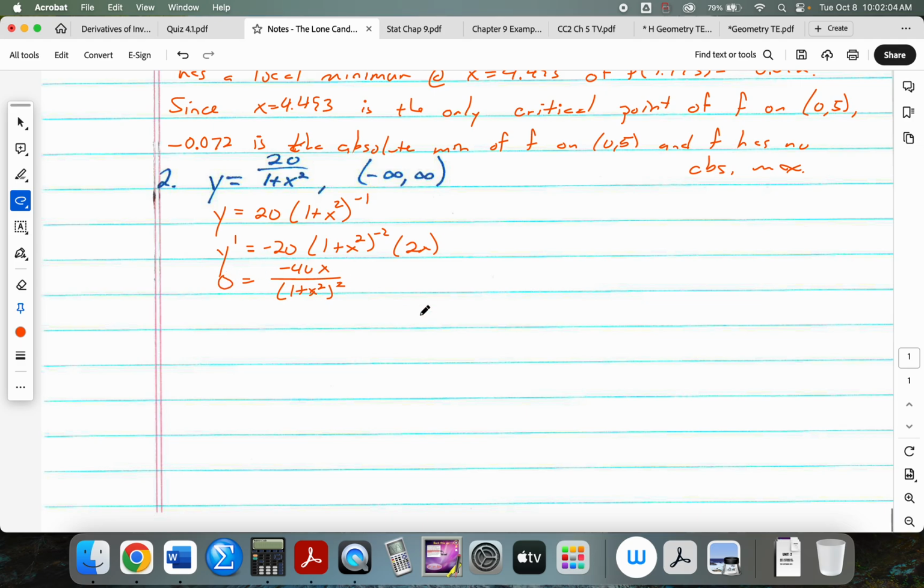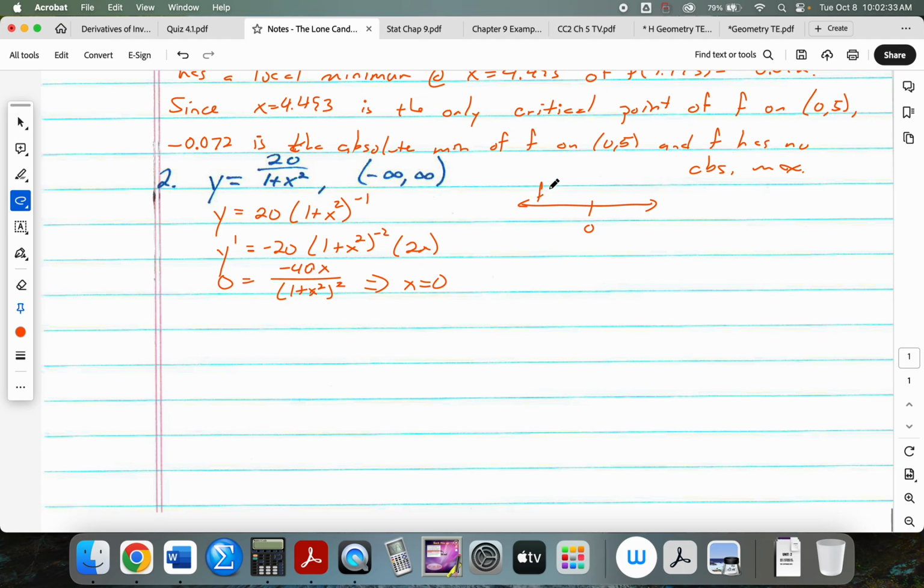And we'll set that equal to 0. The only place that's equal to 0 is that x is equal to 0. If we look at a number line analysis, if x is negative, my numerator is positive, my denominator is always positive.